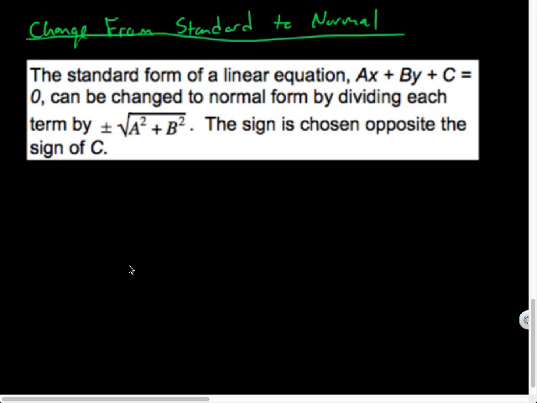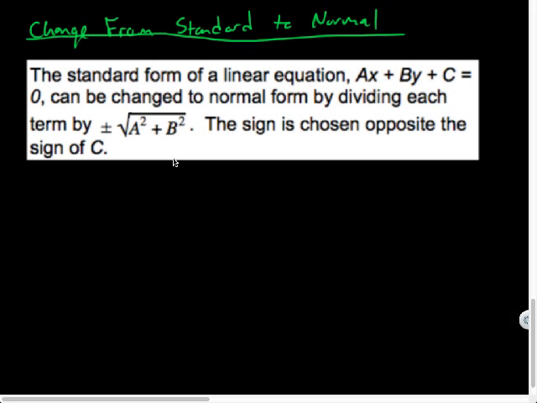So the standard form of a linear equation, ax plus by plus c equals 0, there's positive c, whatever, can be changed to normal form by dividing each term. All right, this is the key. Divide each term by this. Don't write the whole thing, but at least write down the dividing each term by this.